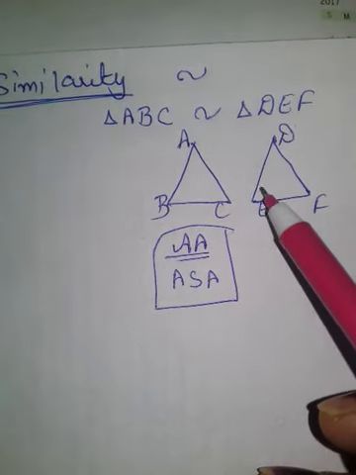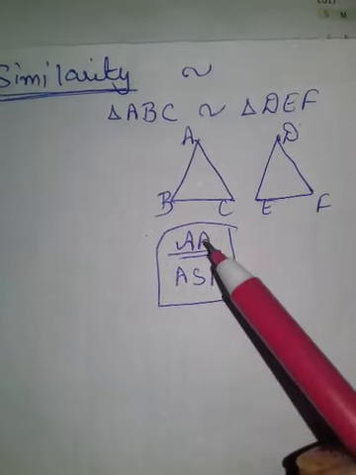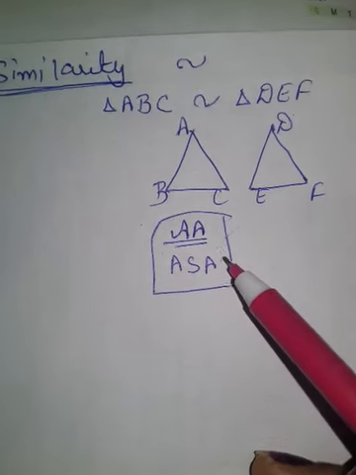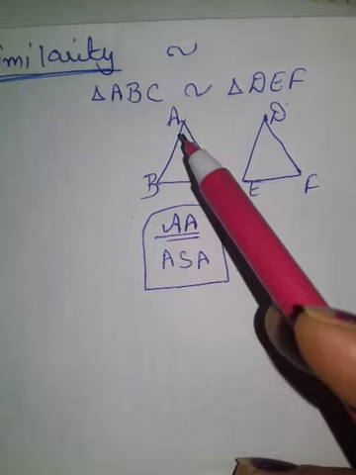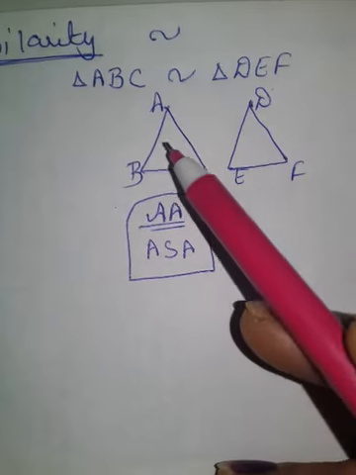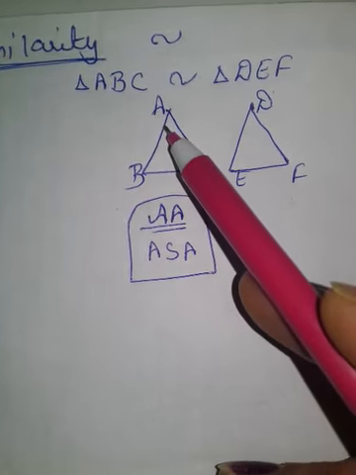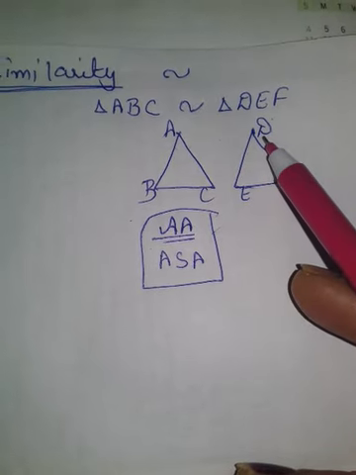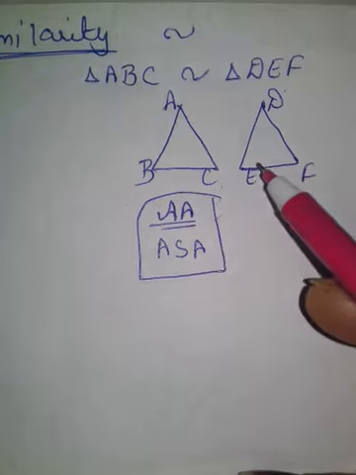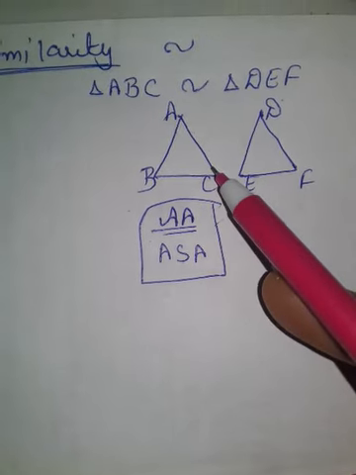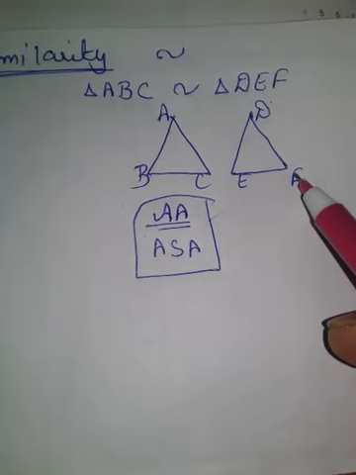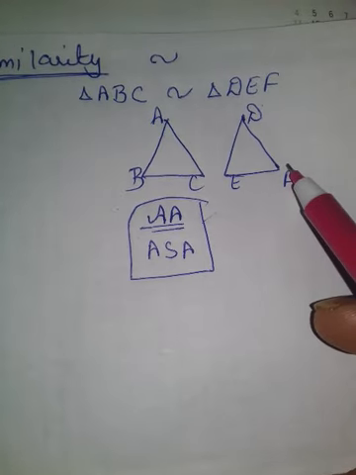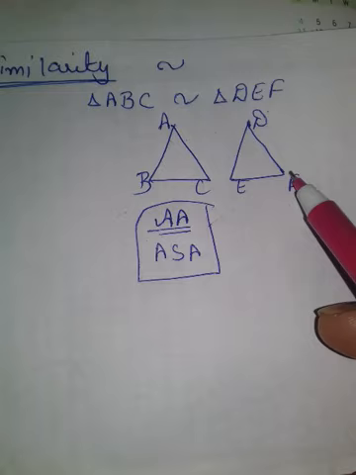If two triangles are similar, it can be shown by two properties. First, if two angles are equal. Especially, suppose angle A is equal to angle D, or angle B is equal to angle E, or angle C is equal to angle F. If two angles are equal, then these two triangles must be similar.